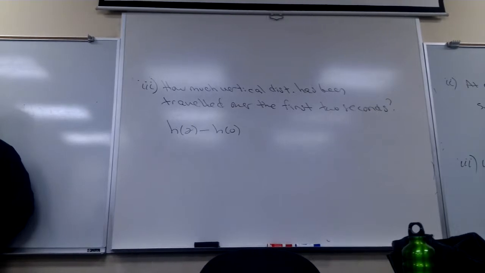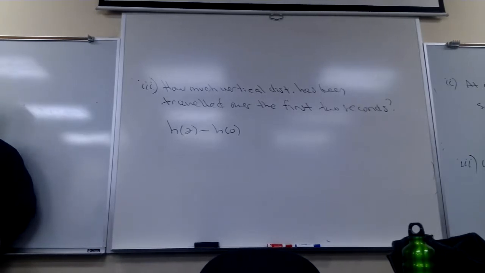Like going up? Why, are you going to change your mind now? Well, if you mean vertical distance, like how far it has gotten from the start, then you do h of 3/2 minus, or h of 2 minus h of 3/2.